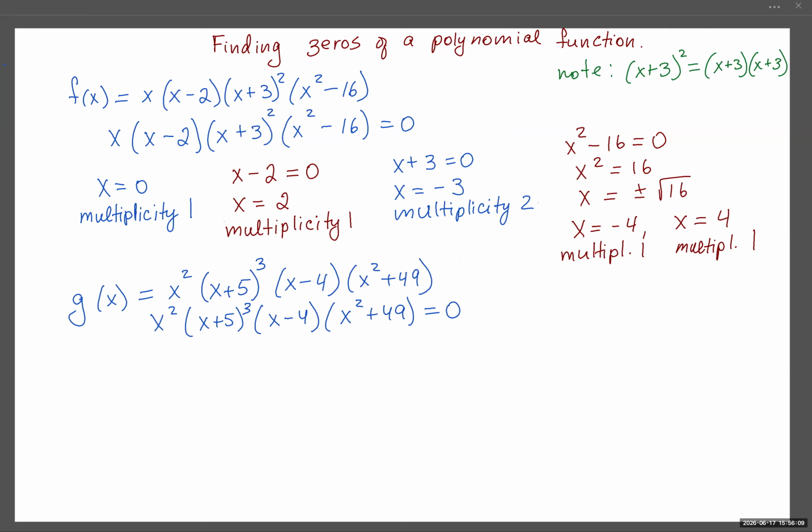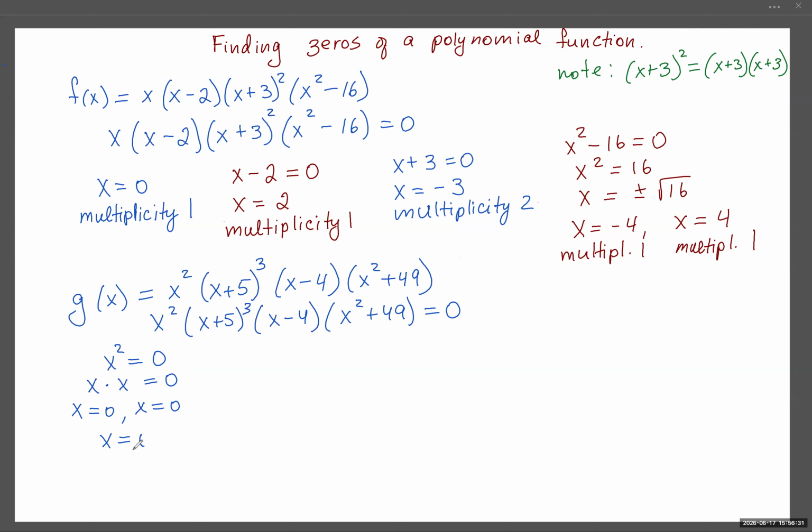Now, zero factor property, x^2 = 0. Well, once again, this means that x times x = 0. So either x is 0 or x is 0. So we have the exact same zero twice in the same location. So the multiplicity here is 2.